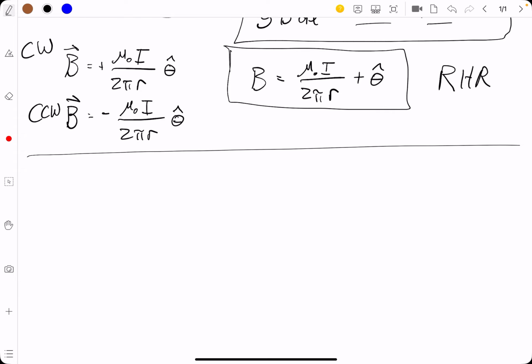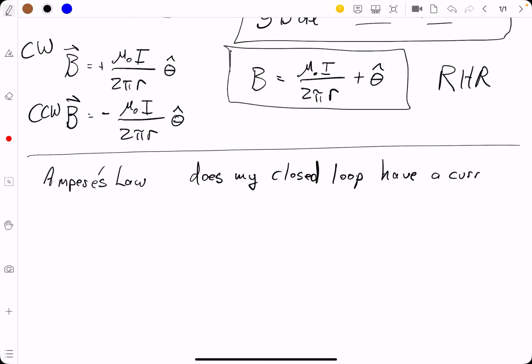Now, basically, Ampere's law is a statement of: does my closed loop have a current passing through it or running through it?